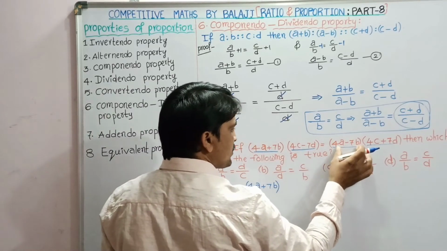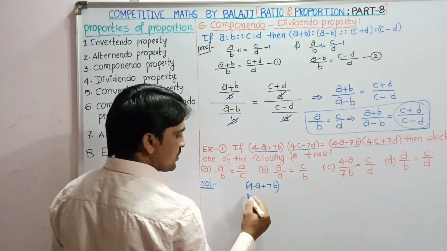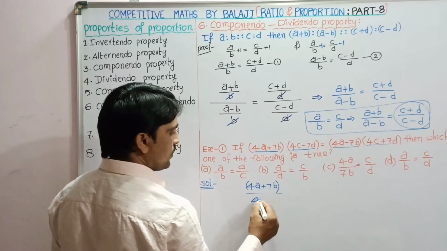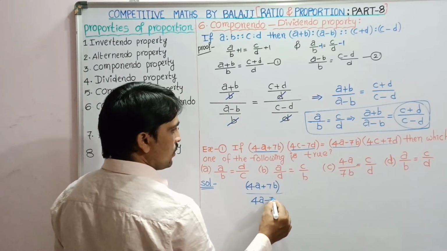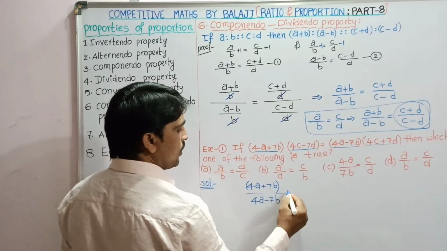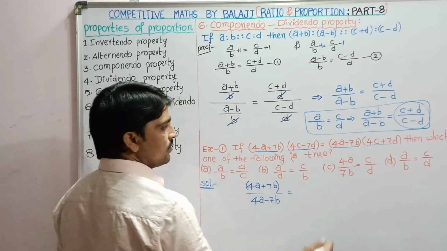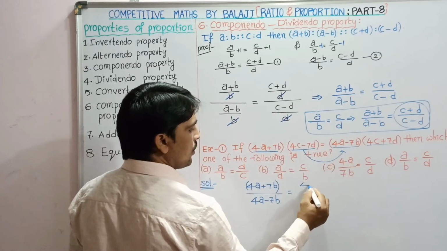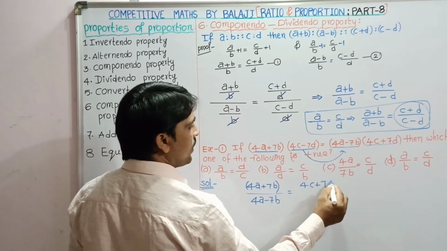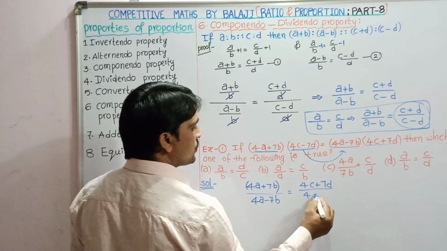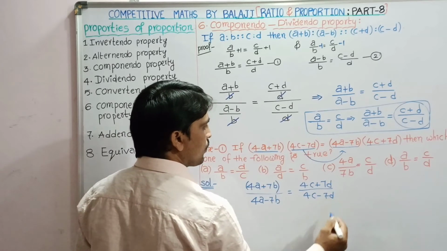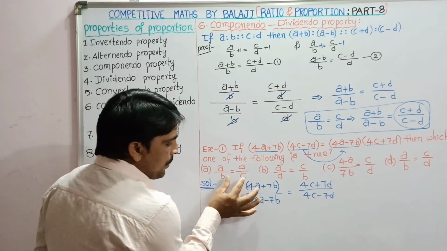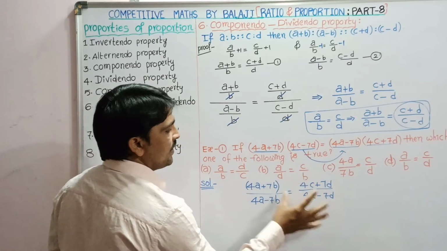Transfer 4a minus 7b from RHS to LHS so that the same variables are together on one side, and transfer 4c minus 7d to the RHS side. 4c plus 7d by 4c minus 7d. So it is of the form a by b equal to c by d.